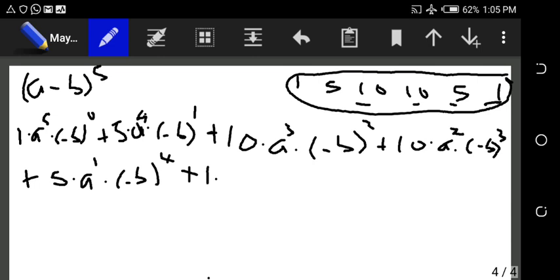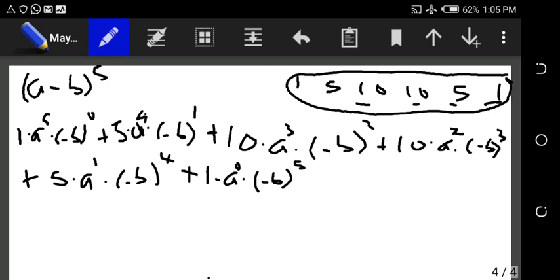So we'll take our 1 times our first term in the bracket, which is a raised to power 0 now, times the second term, which is minus b raised to power 5.